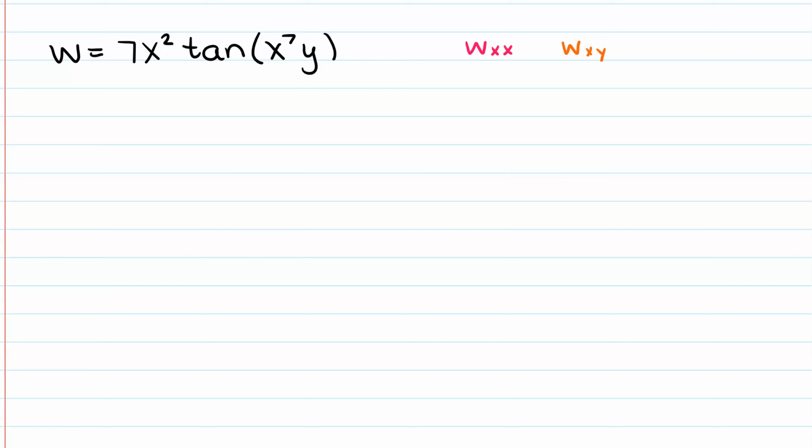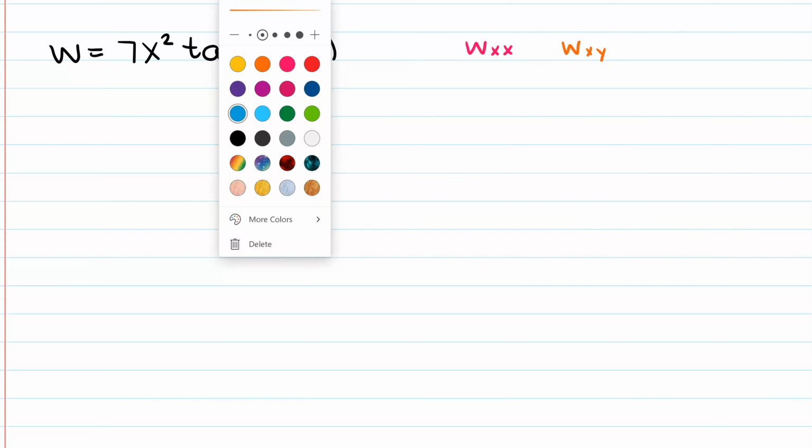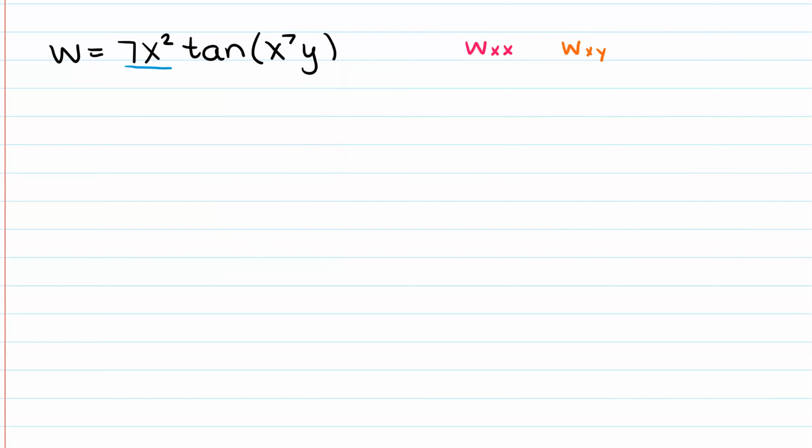Now, similarly to what we just did, this has two pieces, right? This is a function of x, and this is a function of x. So we're going to use the product rule.